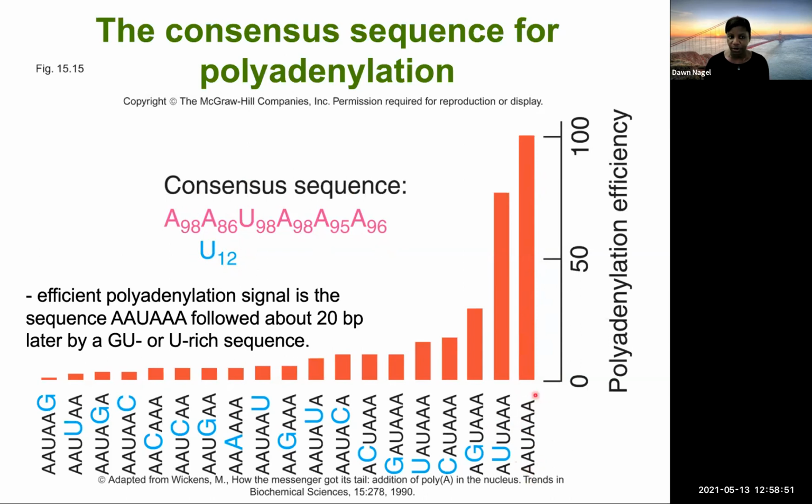So this is the core or main consensus sequence. When you have at the second position maybe a U present, that's like 12% of the time. You also have a high efficiency, but not as high as the consensus, okay? So you can have these two versions, but this is really the consensus that's there.